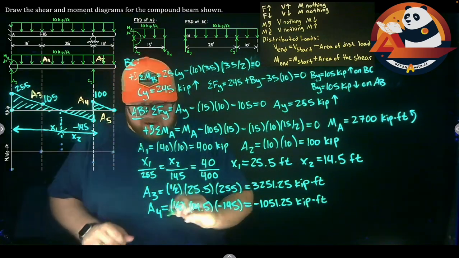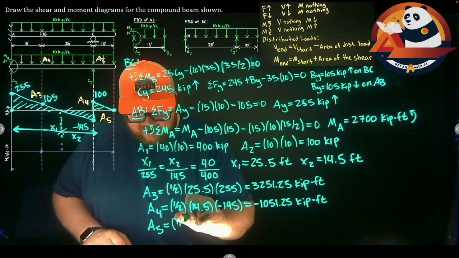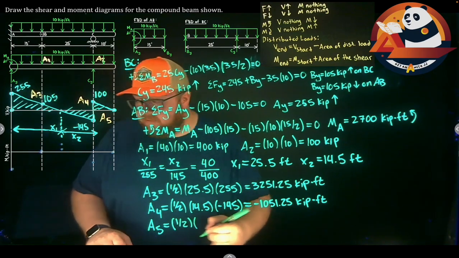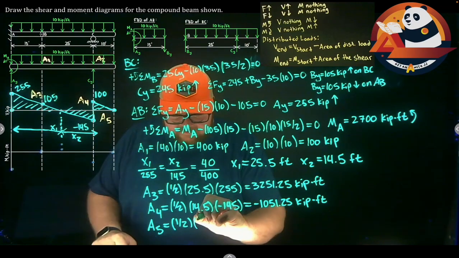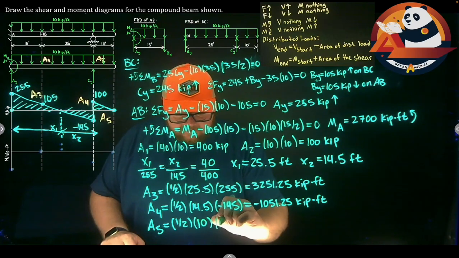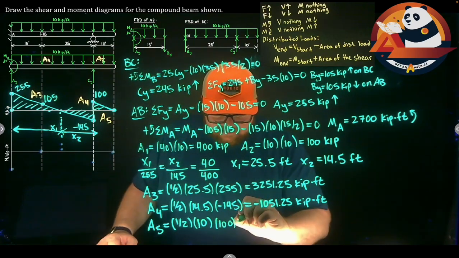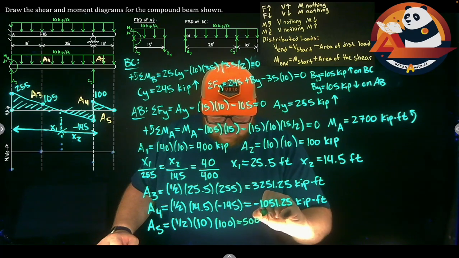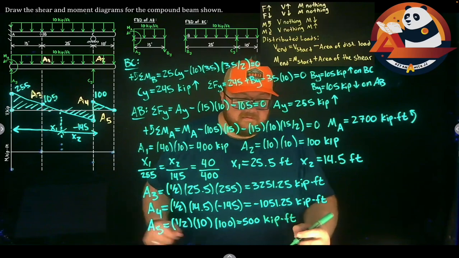And our very last area, area 5, is going to get us one more triangle, 1/2. Our base is just our entire distance here, 10, times our height, 100. That is going to get us 500 kip feet. And that's enough.